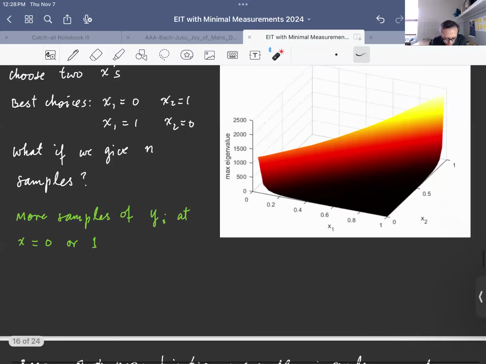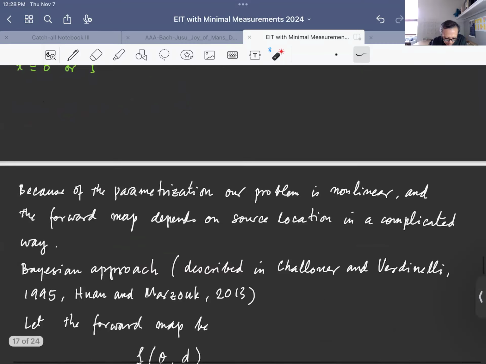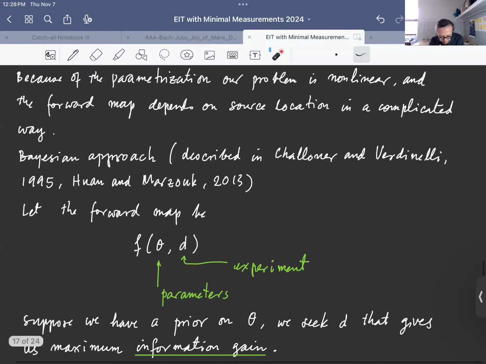So now, what if you have a nonlinear problem? If you have a nonlinear problem, the situation is more complicated. So there's a Bayesian approach that was described back in '95 by Chaloner and Verdinelli, and about 10 years ago in a paper by Huan and Marzouk.